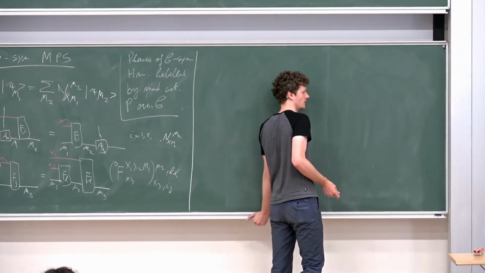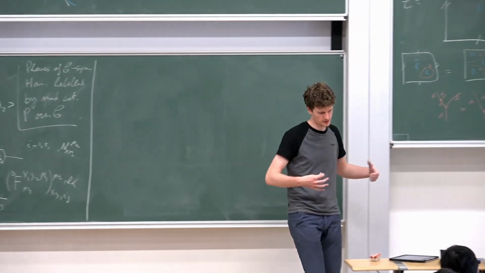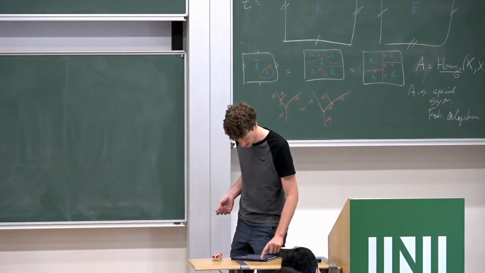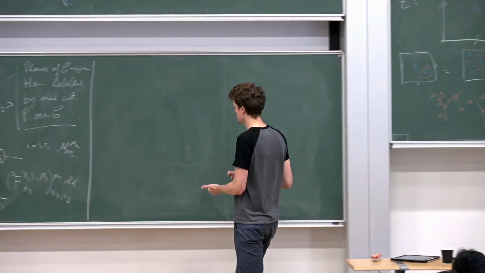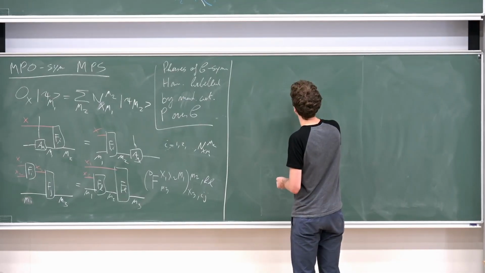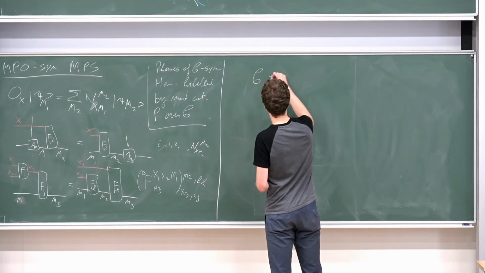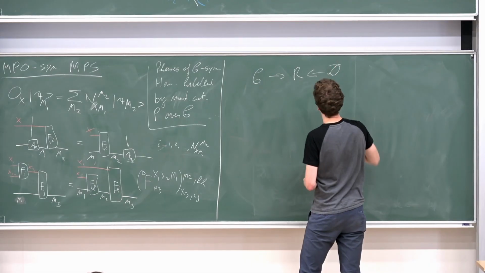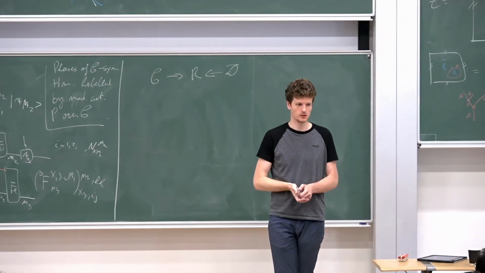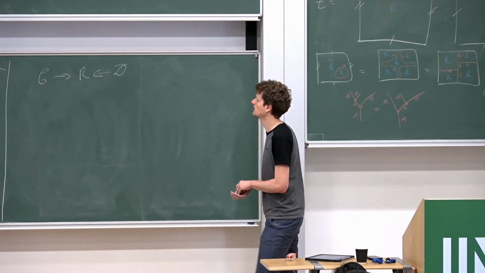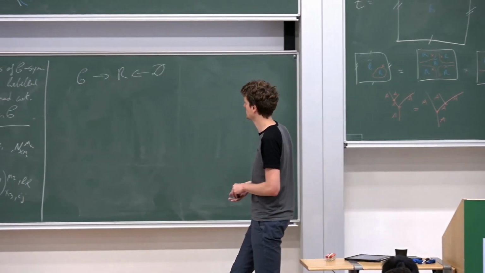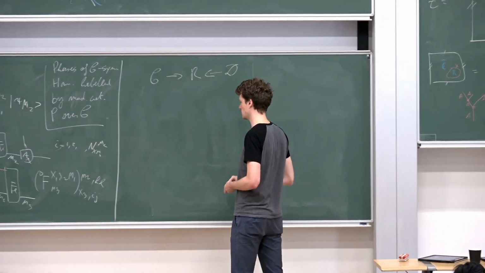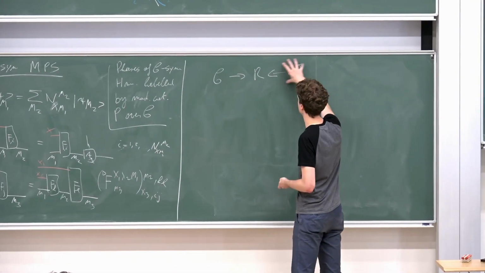And now I want to make a diagram that summarizes all these things. I've told you that a matrix product operator symmetry is described by a C-D bimodule category, right? That's what we talked about last lecture and that we've been talking about today. And the duality amounts to keeping this fixed, but changing this.